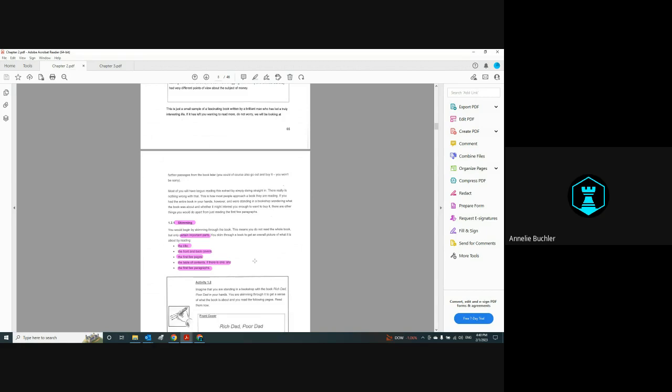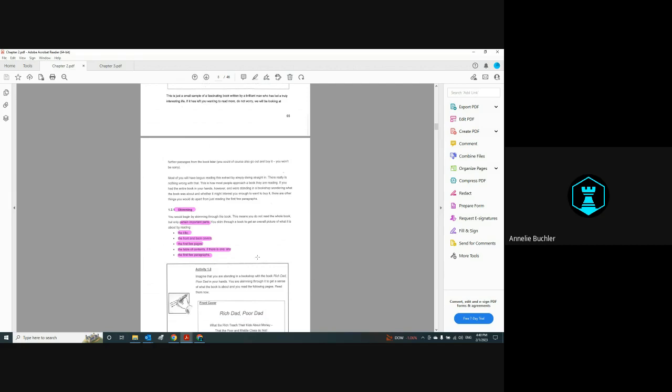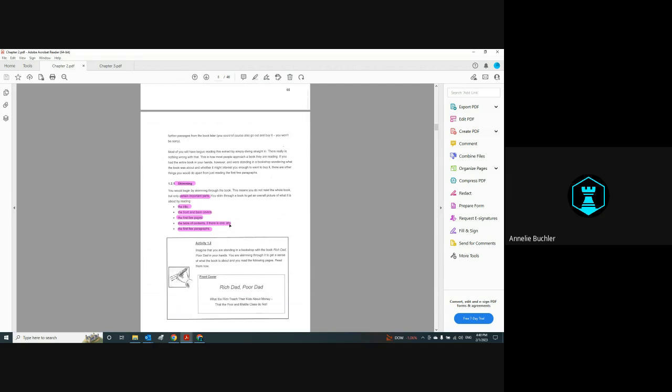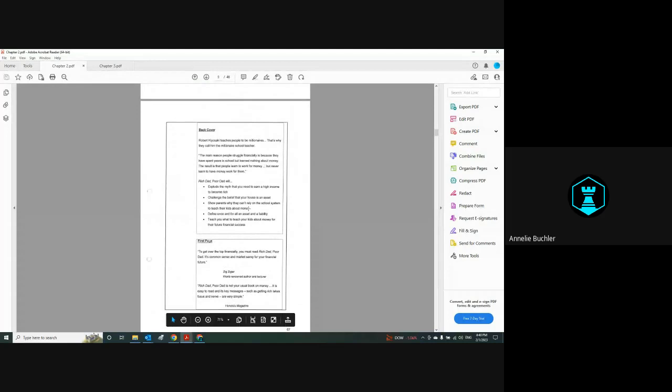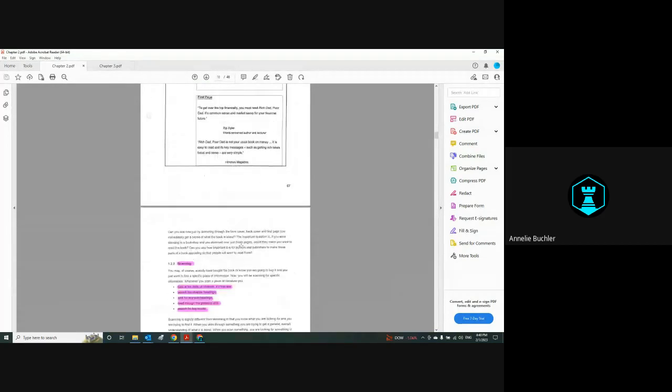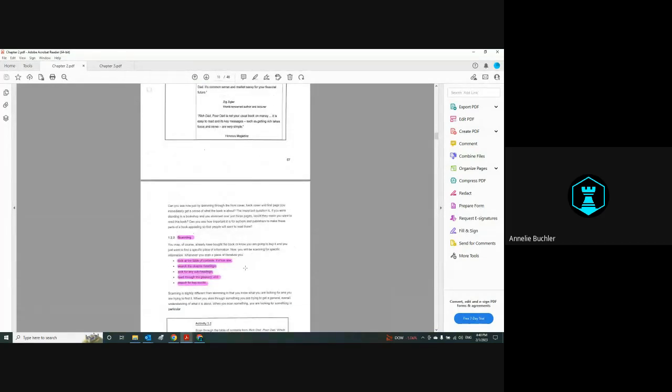Then you get more or less the overview of the book. So that's called skimming. Very important, the definitions. There's examples.